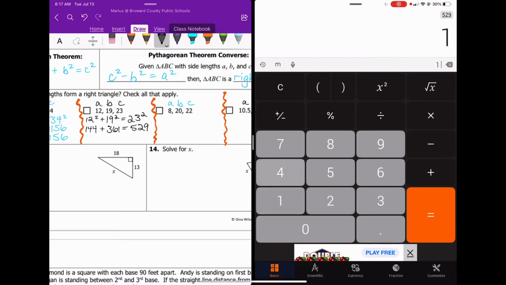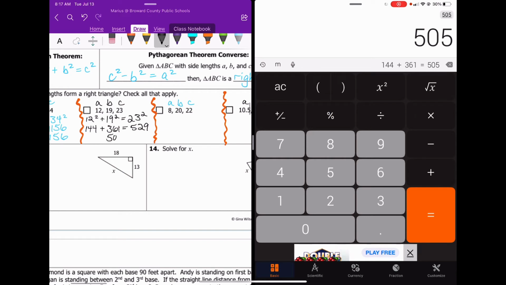Now I want to do 144 plus 361, which equals 505. And 505 is not equal to 529. So these do not make a right triangle. Let's take a look at the next group.